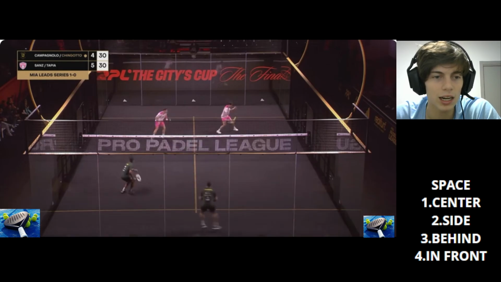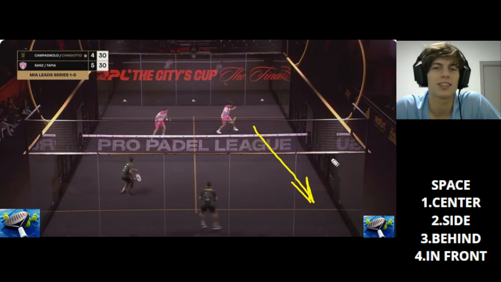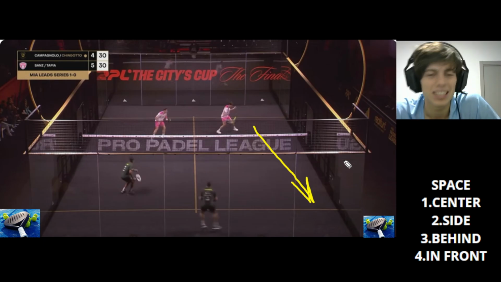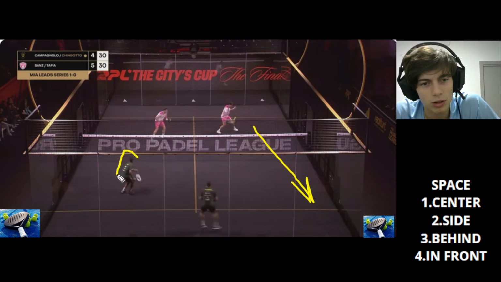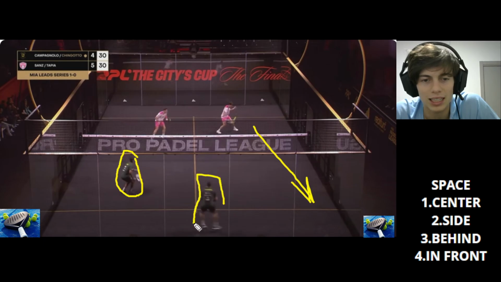And here someone might say, okay, but why doesn't Tapia play here? Yeah, in padel there is not only space. That's the reason. First of all, Chingotto's position is a little bit awkward, and Tapia has a great sense for this. Campagnolo is a bit stuck in the center, and he was running that way.